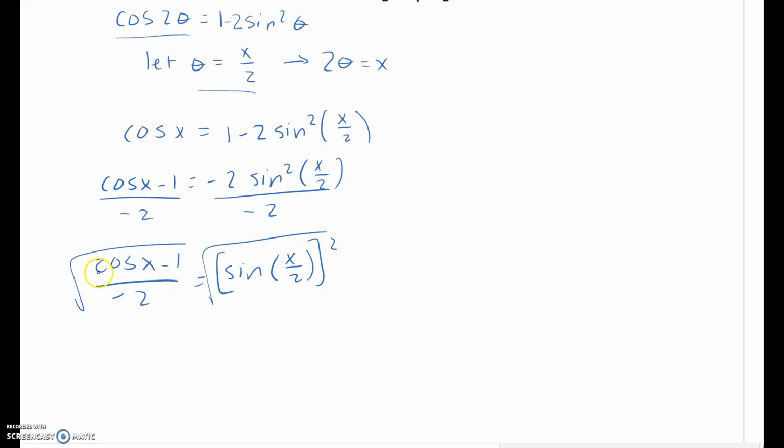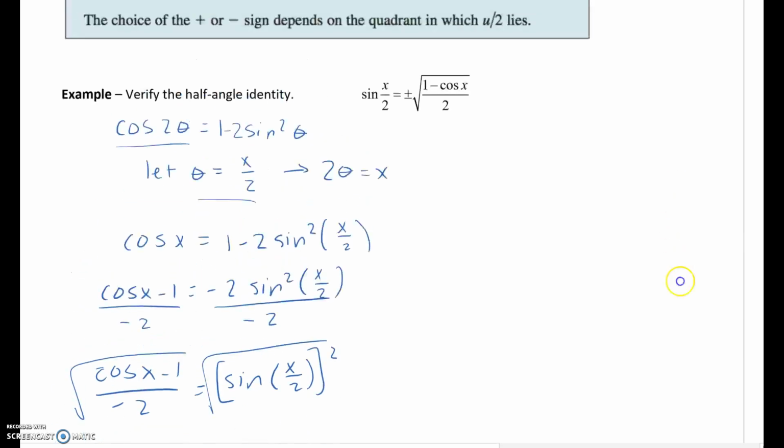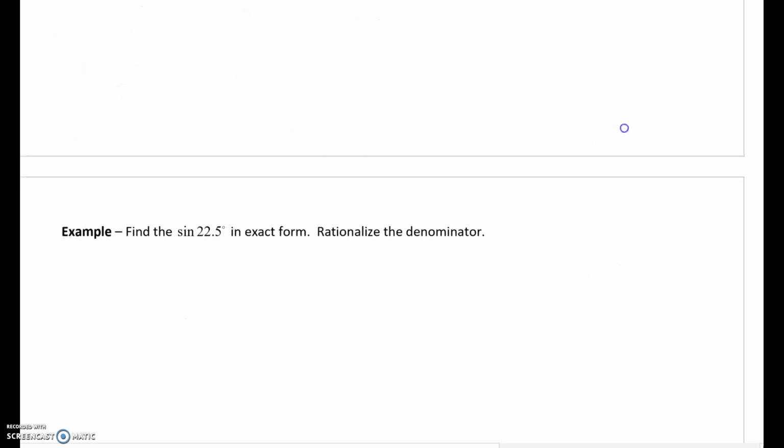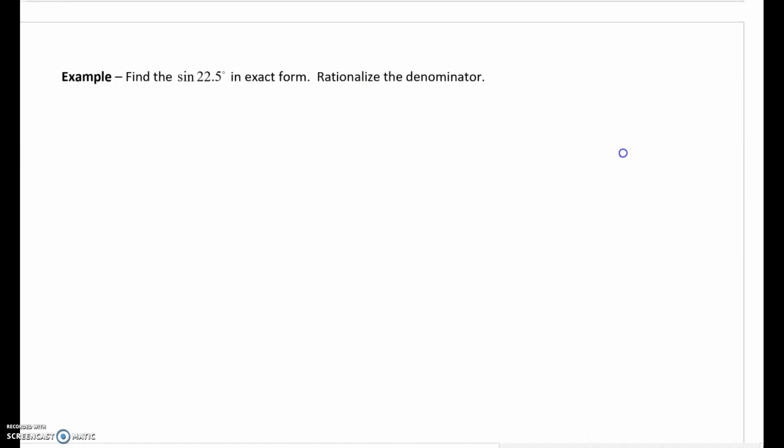I'm going to rewrite this without the negative on the bottom, so this is going to be a positive 1 minus cosine of x over positive 2. And then a plus or minus square root equals the sine of x over 2. And we have our formula. So it matches. Okay? All right, so let's look at using it.